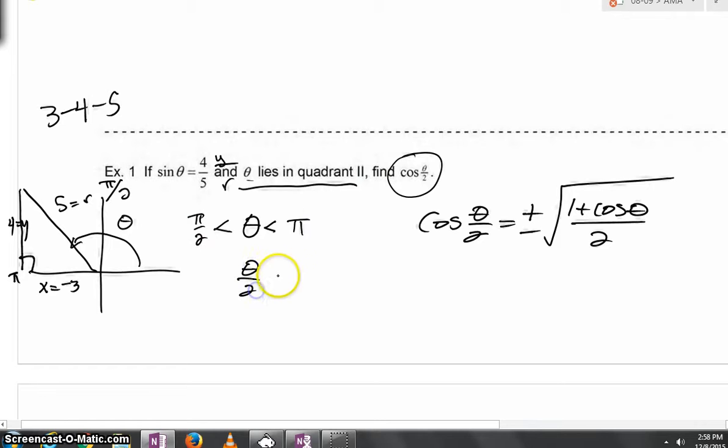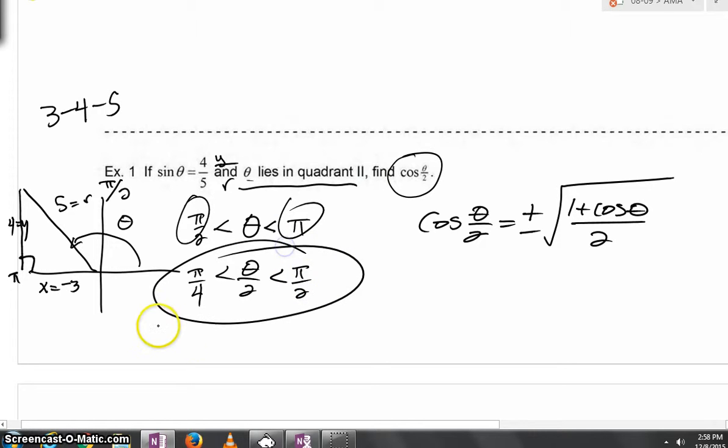Your goal is to find out what theta over 2 is. You can cut theta in half much the same way you'd cut these boundaries in half. What's half of pi over 2? We'd be at pi over 4. And pi divided by 2 is pi over 2.